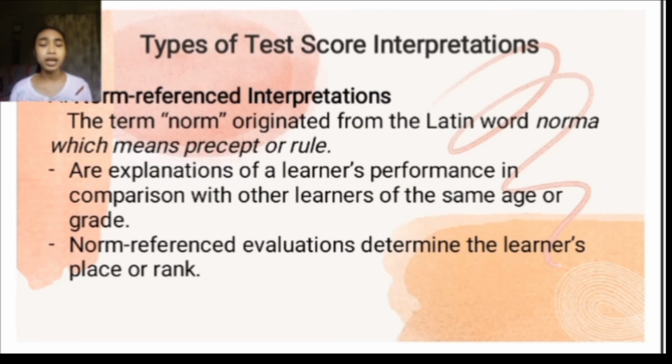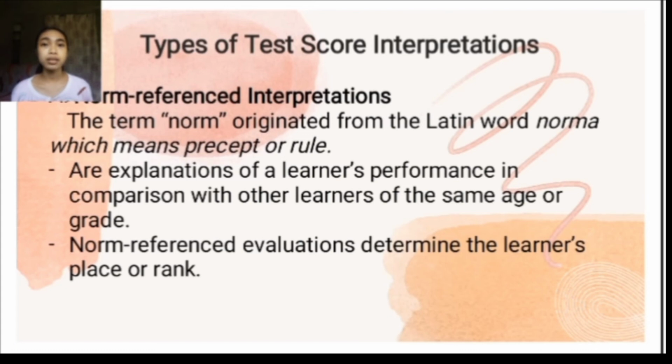Another example: a child scored 85 in a reading assessment. This is another example of a norm reference interpretation. Those examples determine the learner's place or rank.